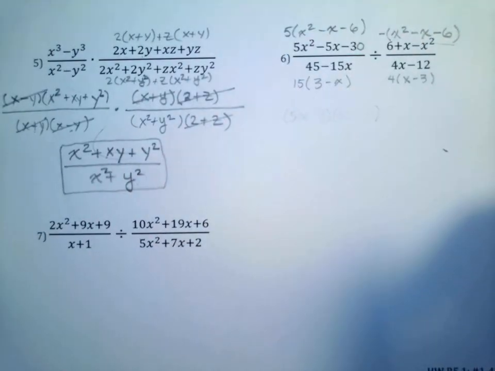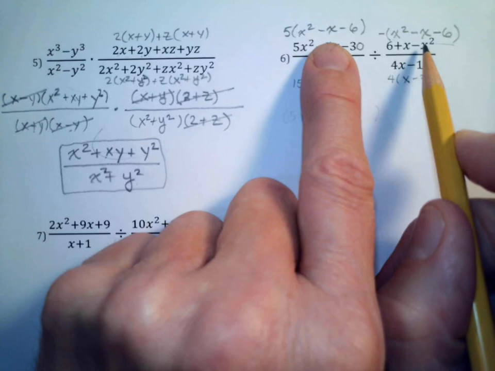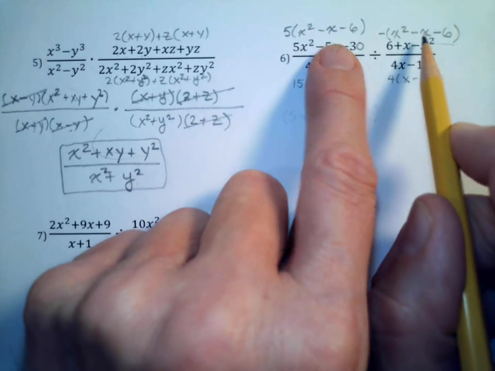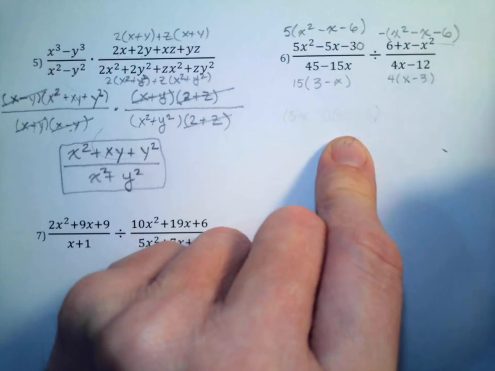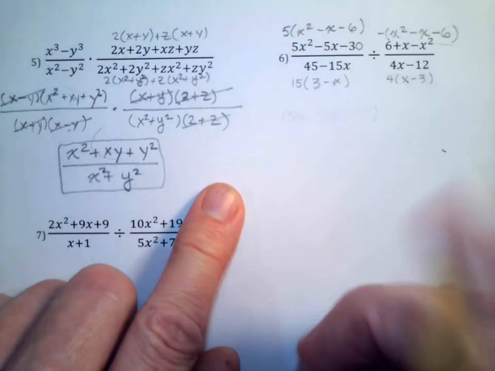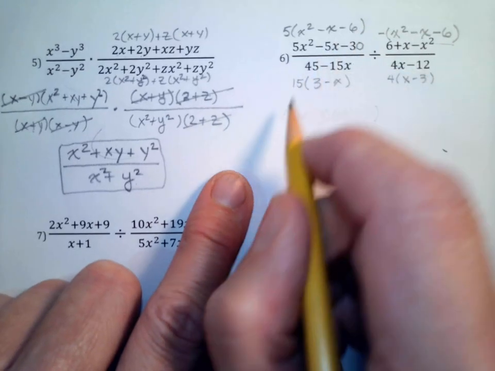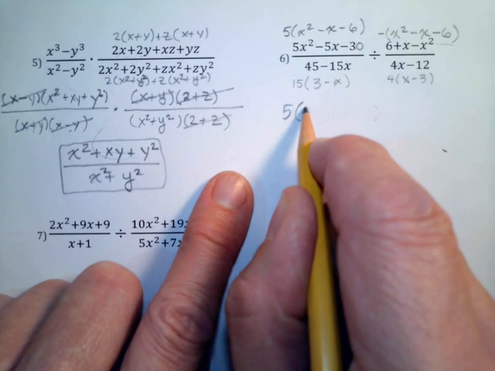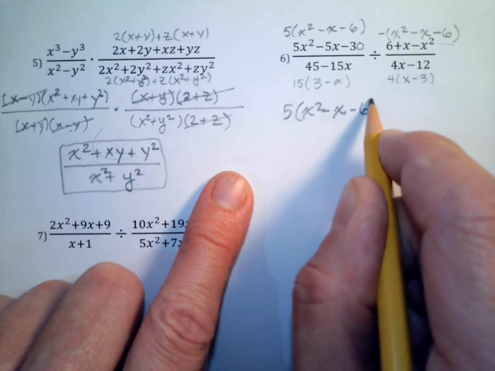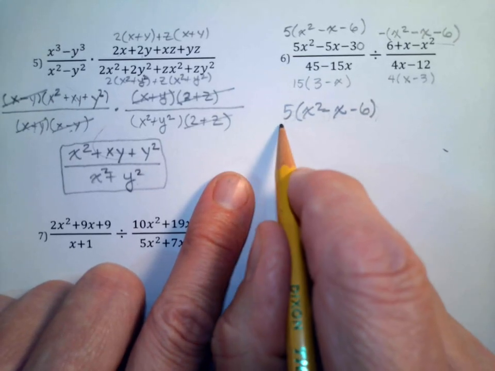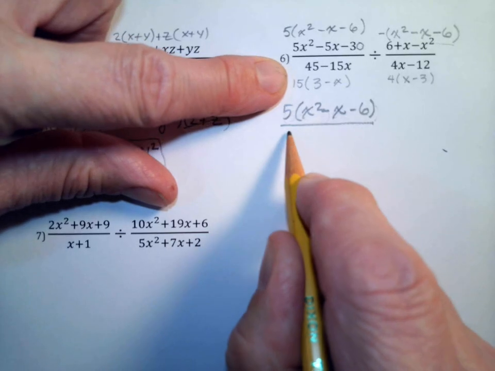Oh, and now that I look at it, notice these are the same. So I'm actually not going to factor those two, because the whole trinomial is going to factor once we do the flip thing. All right, so let's not factor that thing. Let's leave it alone. So we have 5, x squared minus x minus 6. And then on the bottom, we factored a 15 out, right?